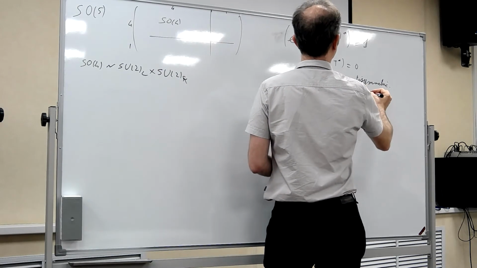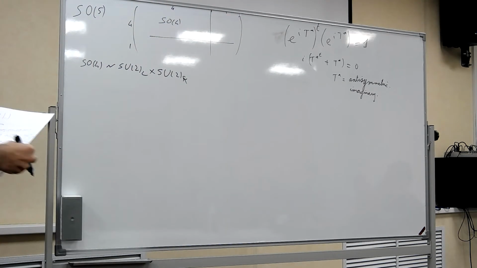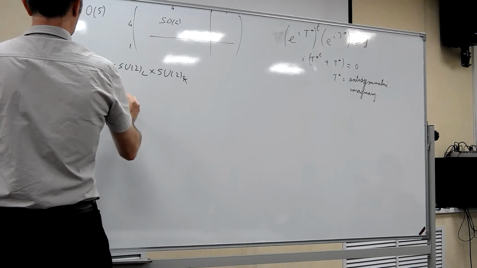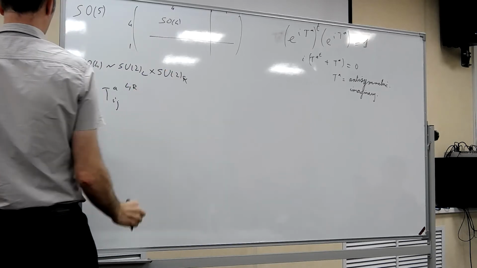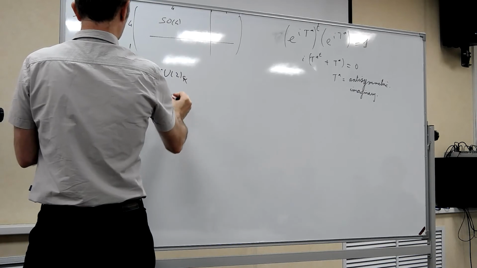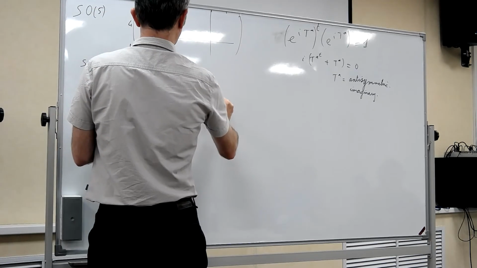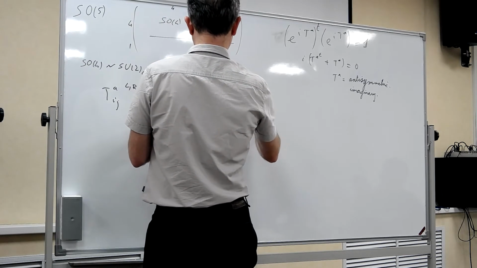So they satisfy the SU2 algebra, right? And they are also normalized in such a way that the trace of T^A T^B is equal to delta^{AB}. So these give you the six generators of SO4. So this is the unbroken generator of SO5.